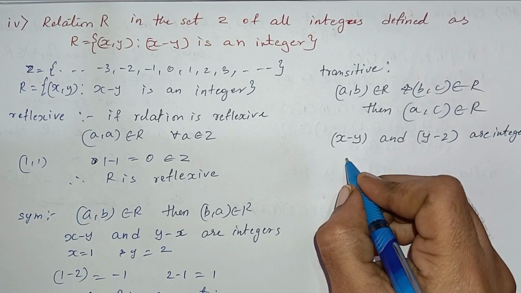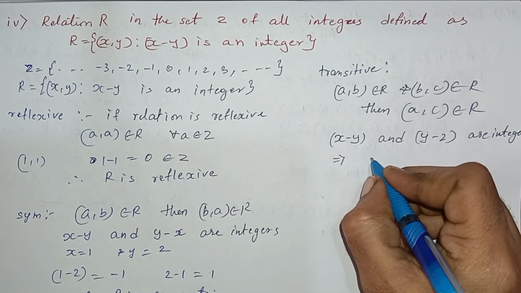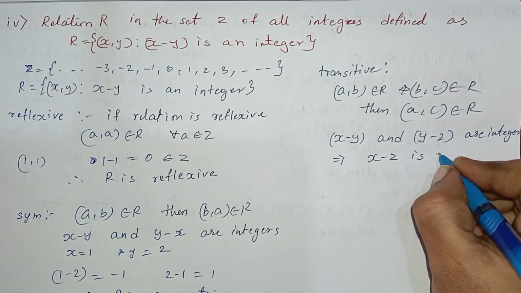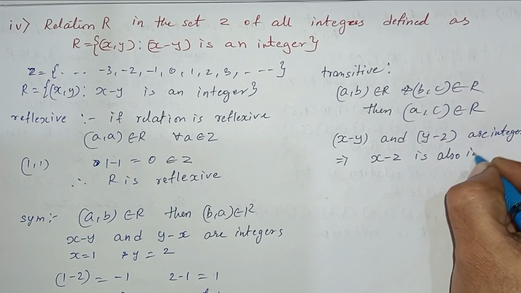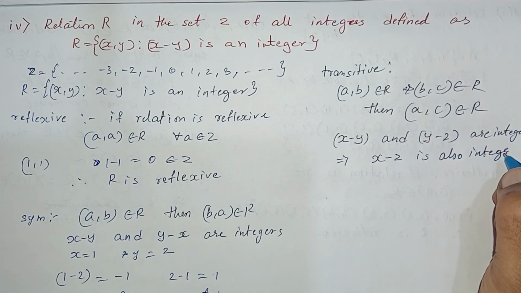Then we have to prove that this implies x minus z is also an integer.